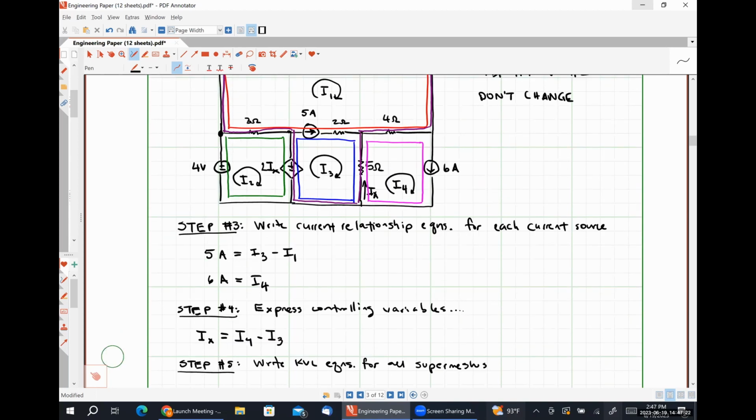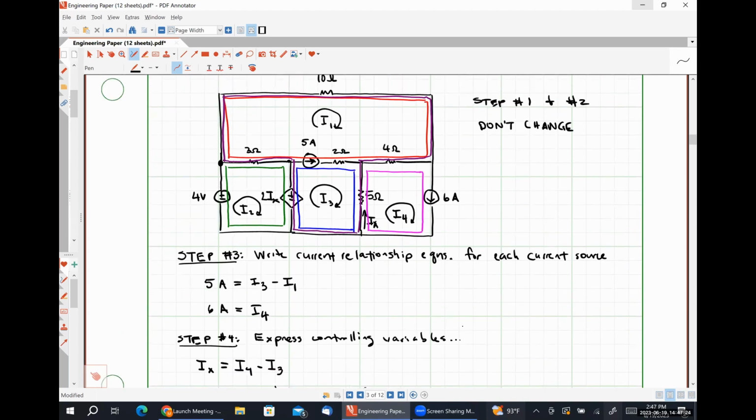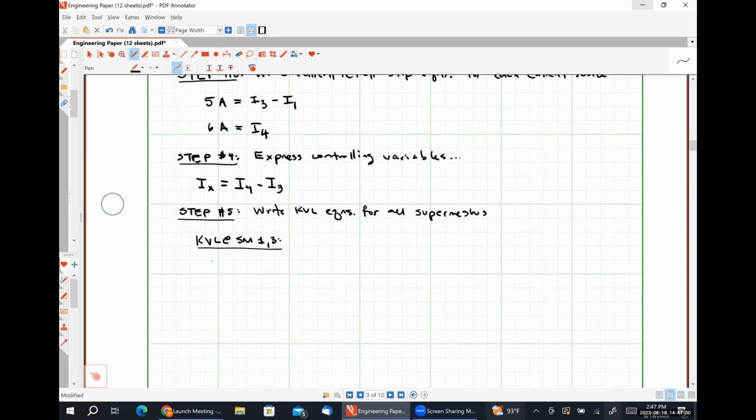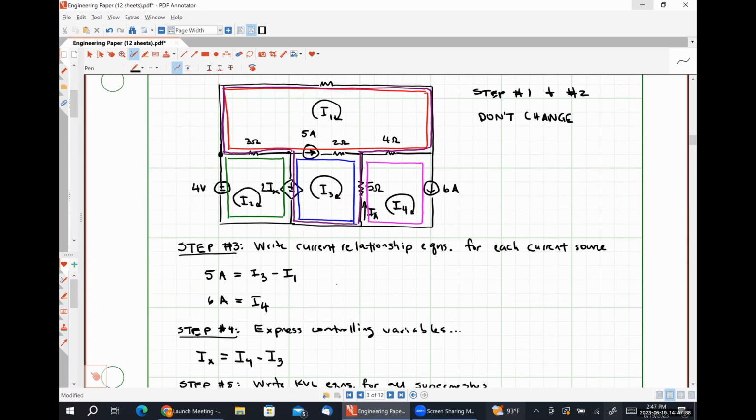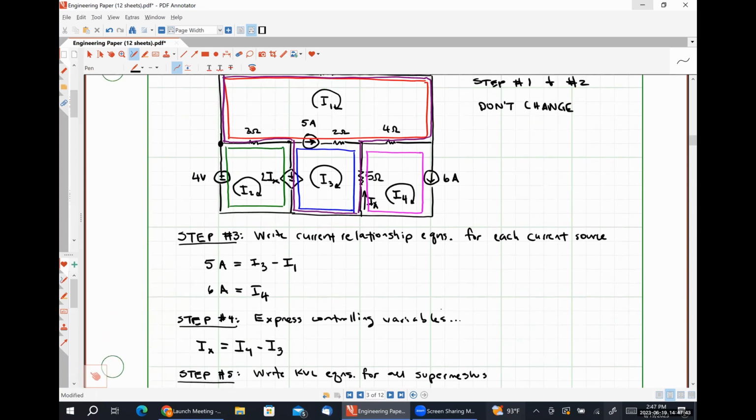Okay. So at this point in the circuit, I'm following I1. So we're going to have 10 ohms times I1. The next thing that I see is the 4 ohm resistor. And at this point, we're still following I1. So that's going to look like 4 ohms times I1 minus I4.